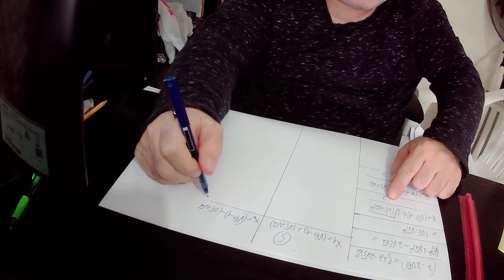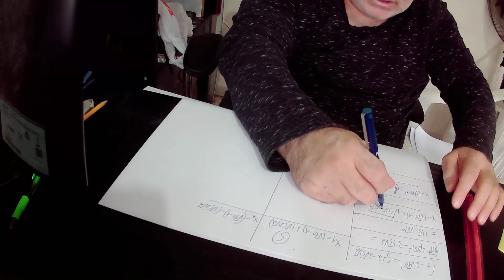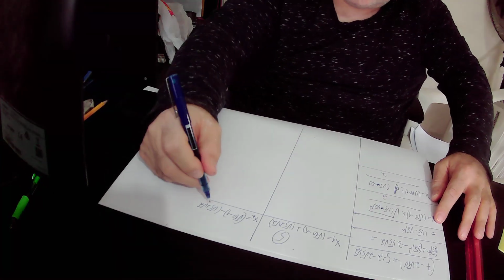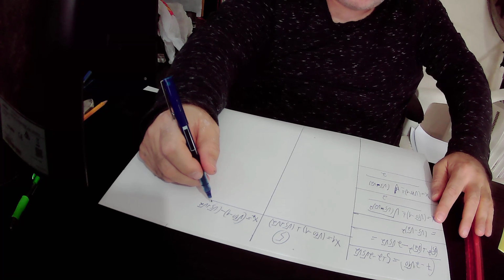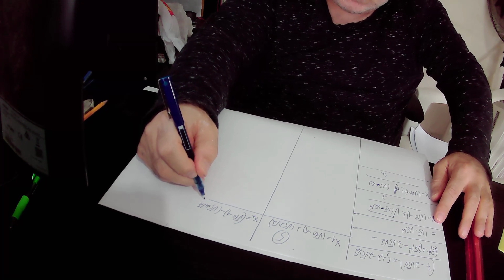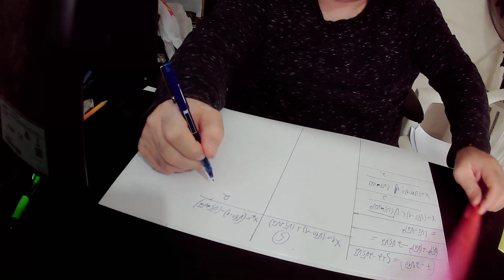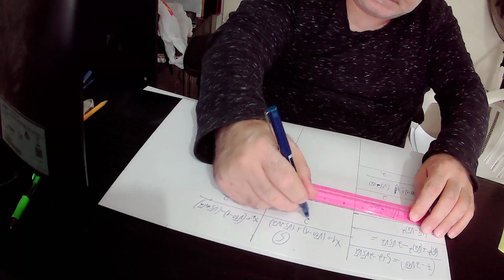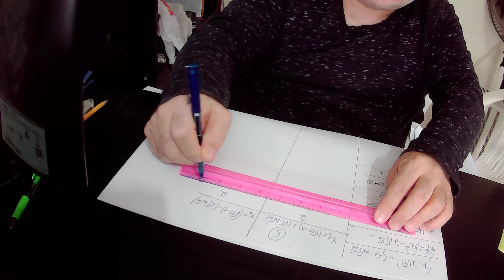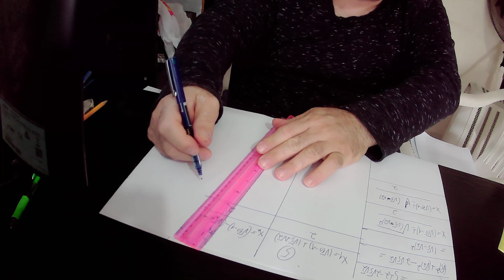Here we have square root of 5 minus square root of 2, so here it is minus, and here it is also minus. So here inside the root we have square root of 5 minus square root of 2, all divided by 2. So x1 and x2 are the two solutions for x of the quadratic equation.